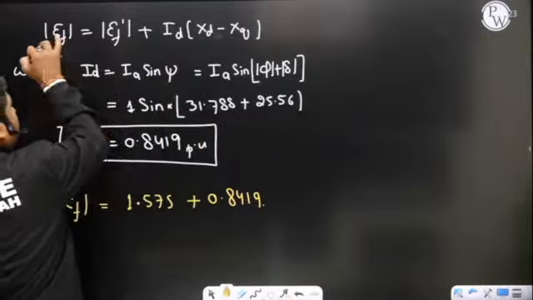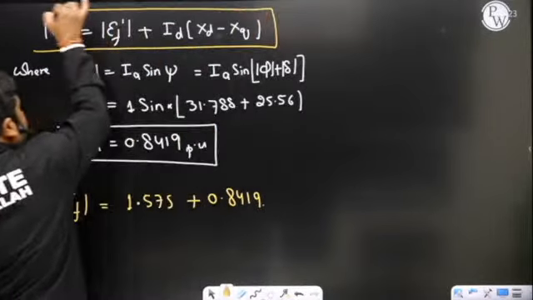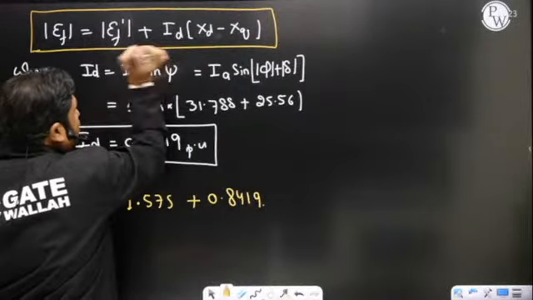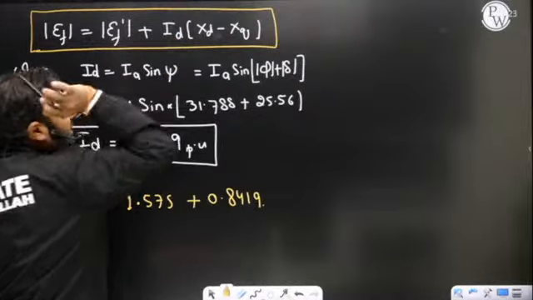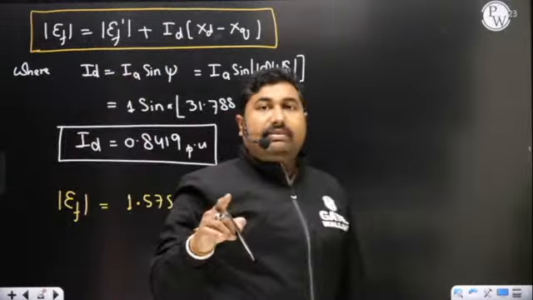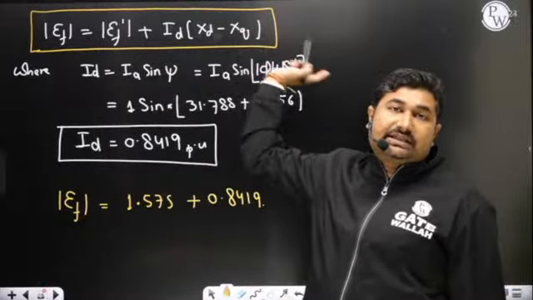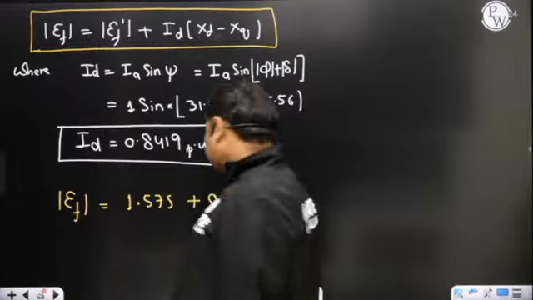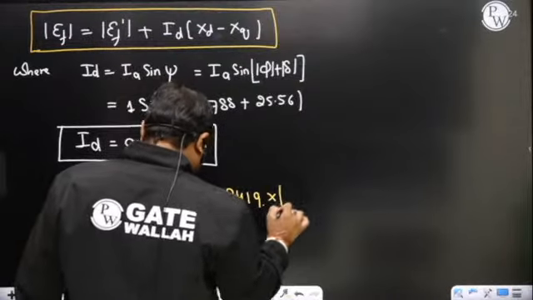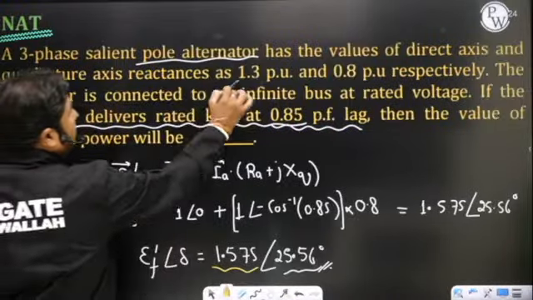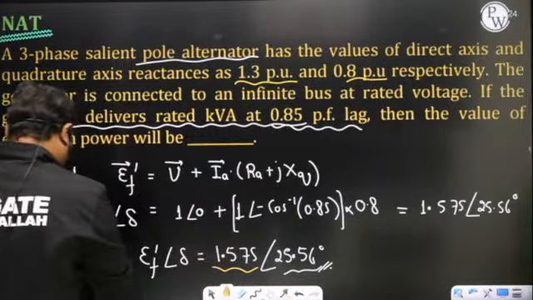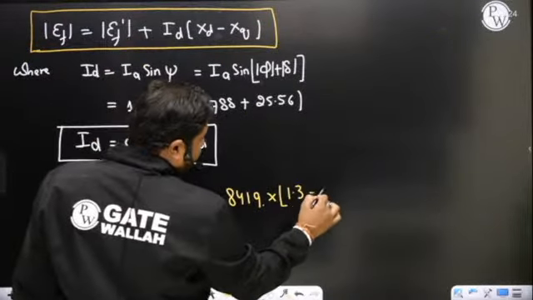Most students make a mistake while writing this equation. They put j or an imaginary term here. So always remember, it's a magnitude. It's not a phasor equation, just a magnitude equation. XD minus XQ is 1.3 minus 0.8.